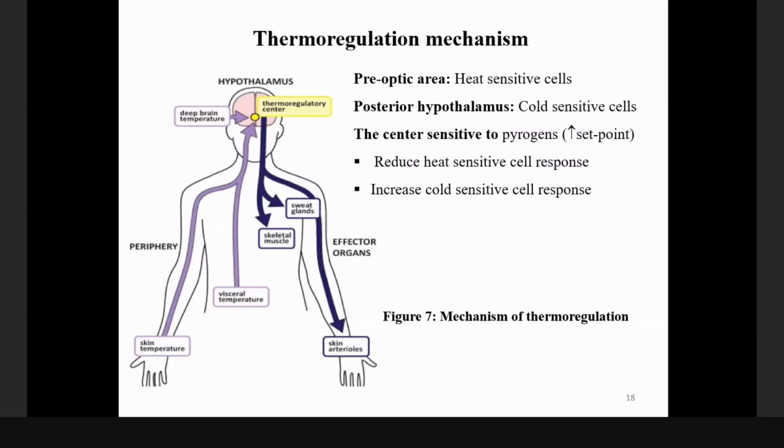When your body temperature is reduced, that's detected by the posterior hypothalamus that contains cold-sensitive cells. These cells become active when your body temperature is reduced. Then when your body temperature gets less, the response should be a heat-gaining mechanism. One is shivering.